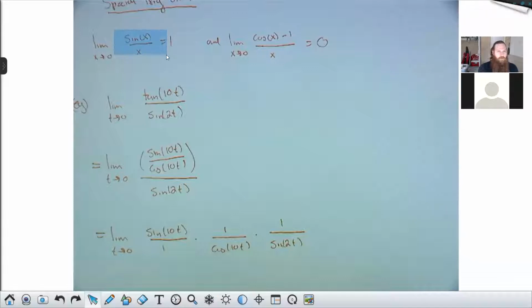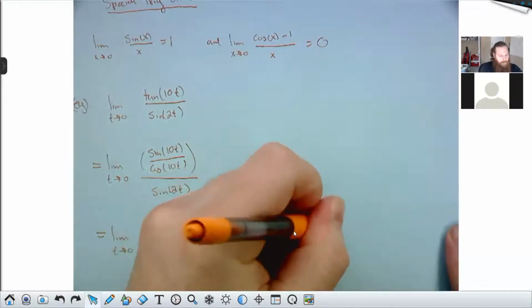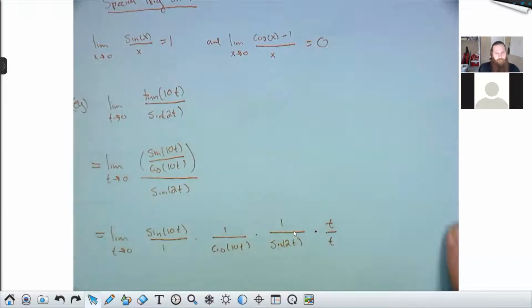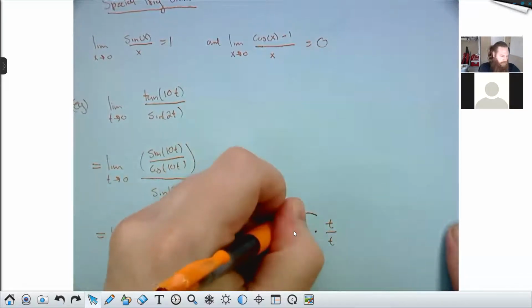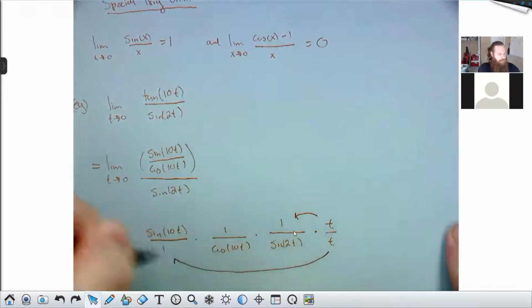I know sine x over x goes to 1, so what I'd like to do is get a t down here. And I can do that by also putting a t up here. So basically, I'm going to take this and multiply by t over t. One of those I'm going to put here, the other one I'm going to put over here.